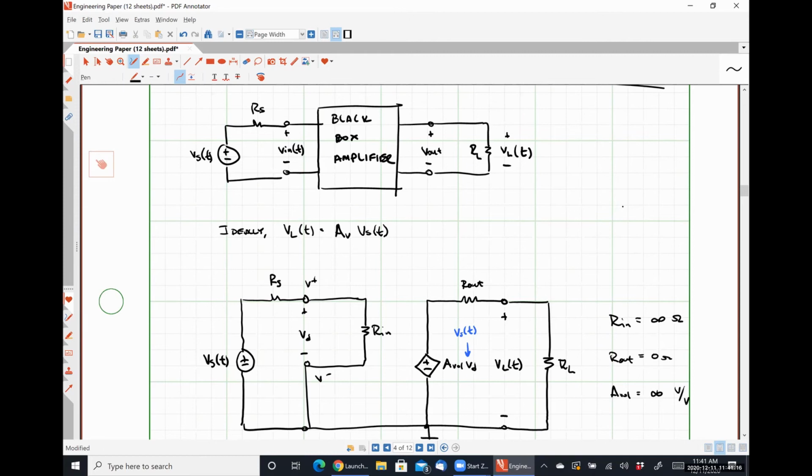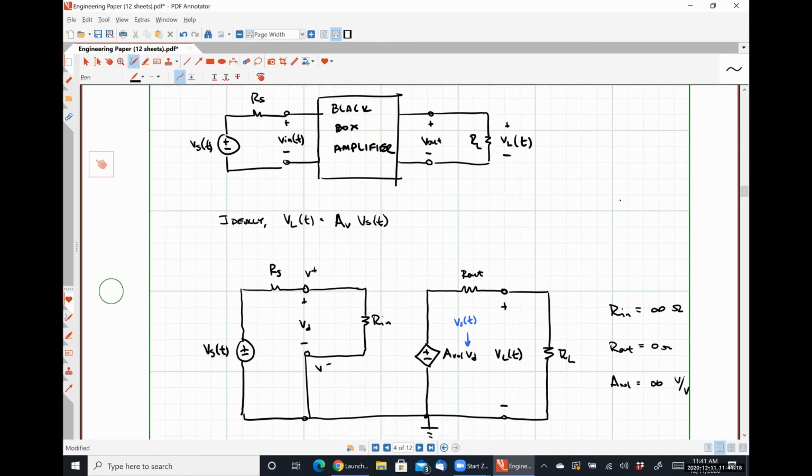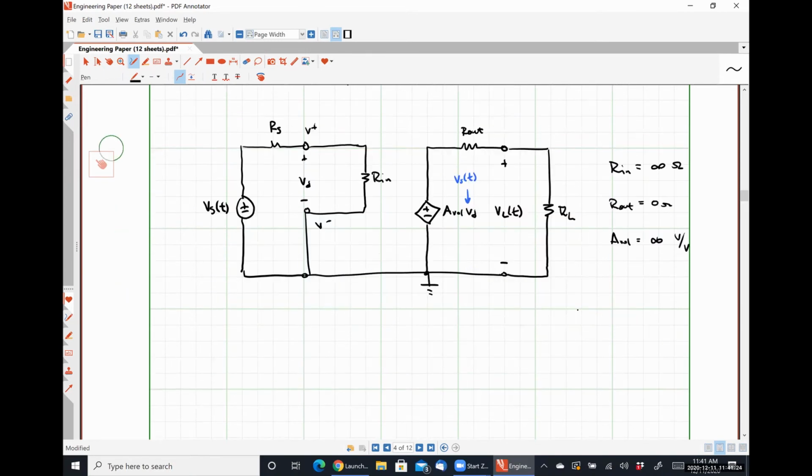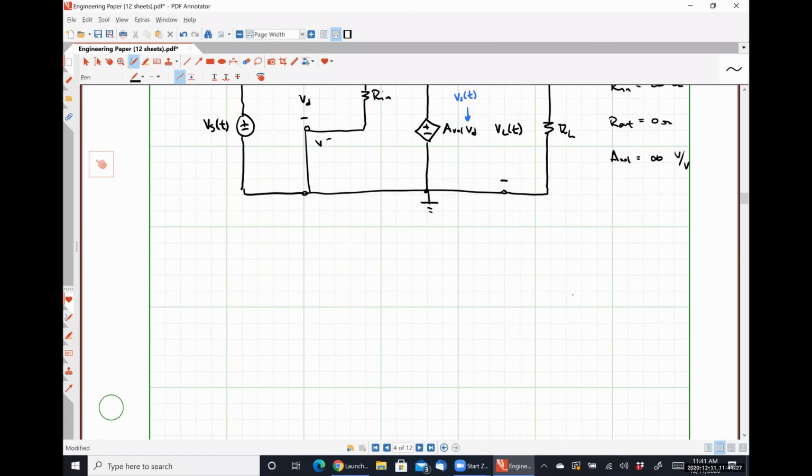Now, we can analyze the circuit using those values, and we'll do that right now because it'll help us with something. So we're going to analyze the exact same circuit we did a couple of minutes ago with R in infinitely large and R out infinitely small.